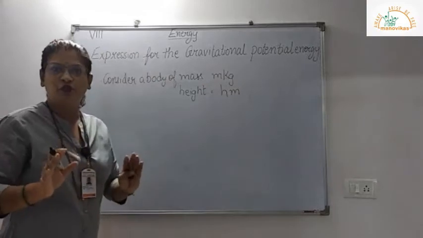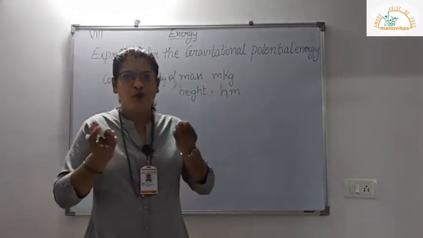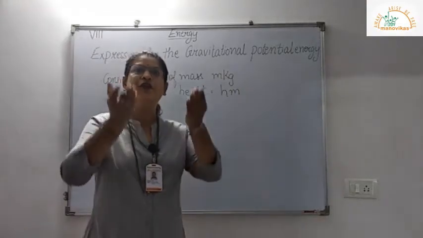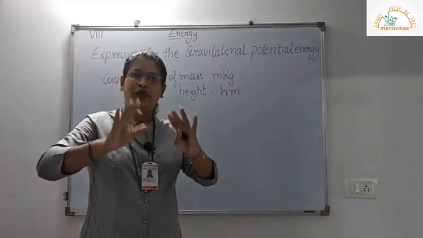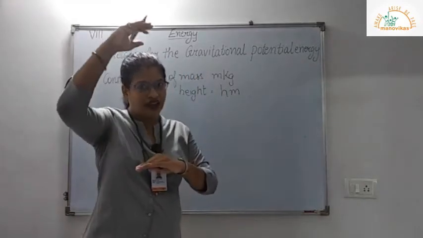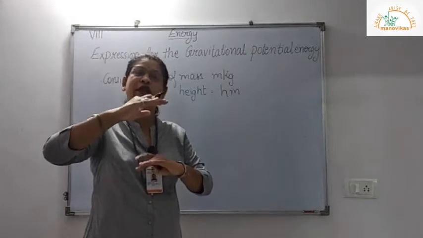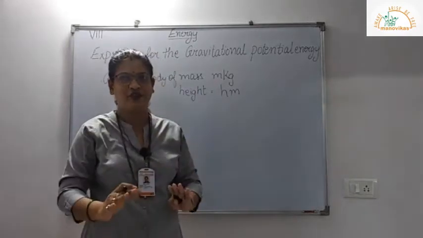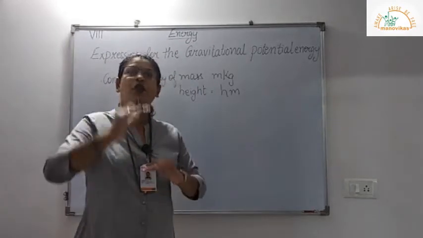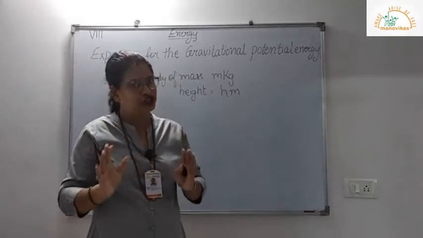Now the minimum force required to move the body to a particular height will be equal to the force of gravity which is acting on the body in the downward direction. The force of gravity is denoted by g.